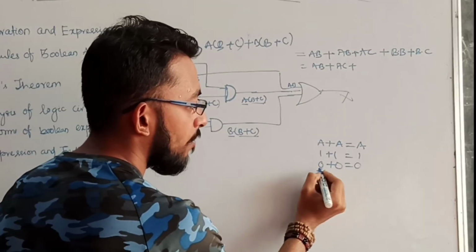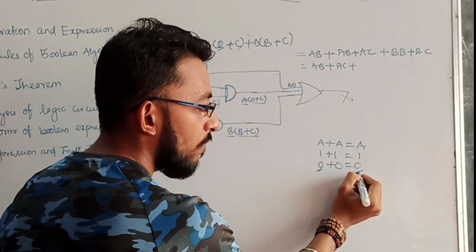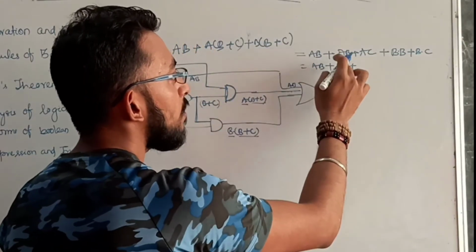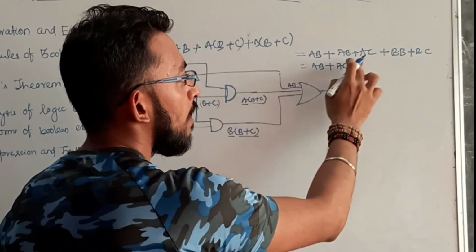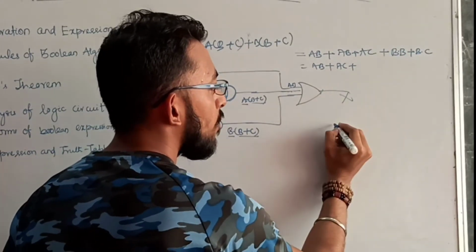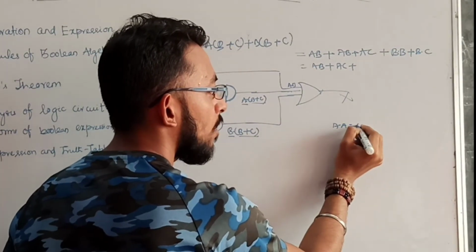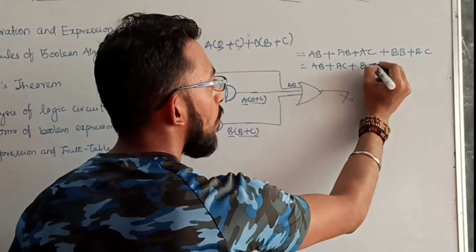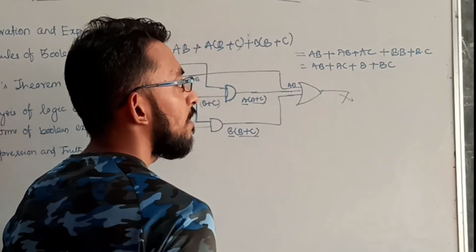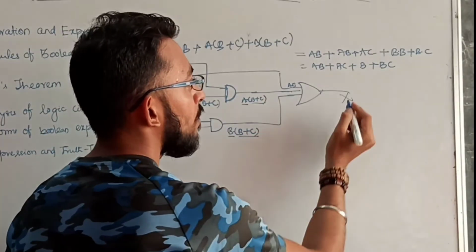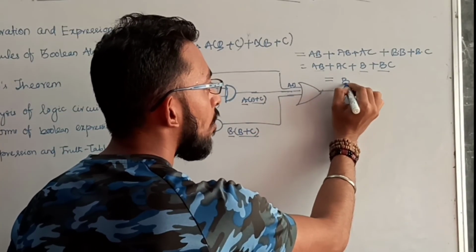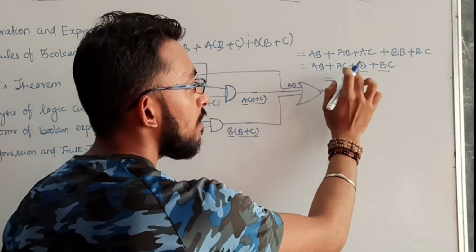So whatever the value of A, these two A's added will give me another A. That means AB plus AB can be represented as one AB, and this is AC. B dot B, just as A dot A is A, will become B. Then plus BC. Now from these three, can I take B as my common? From these three: first, third and fourth.